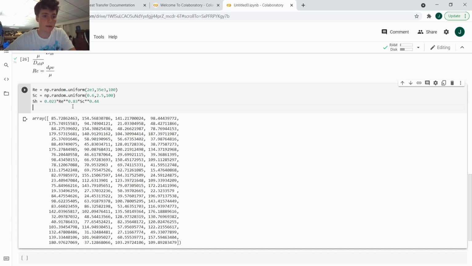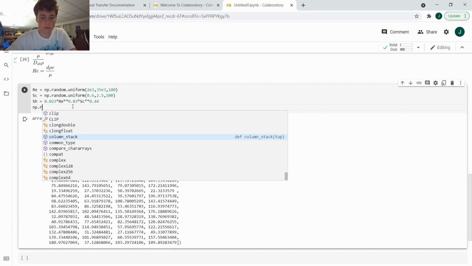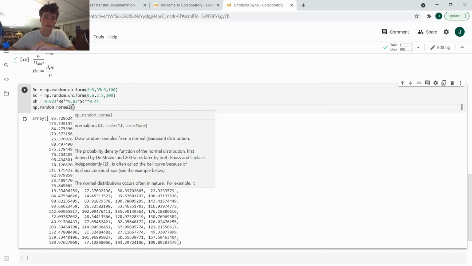So we can use numpy dot random again, but we want to use a normal distribution. What that does is that we have a mean and a standard deviation, and the probability that numpy will select a point closer to the mean is higher than picking a number further away from the mean, based off whatever the standard deviation is.